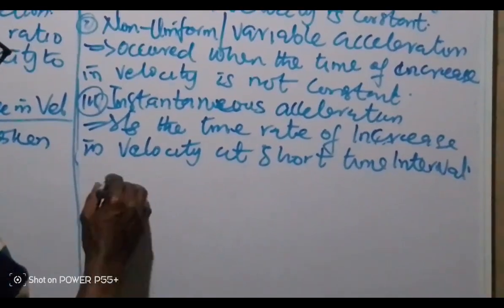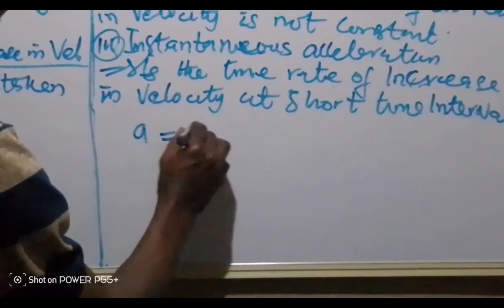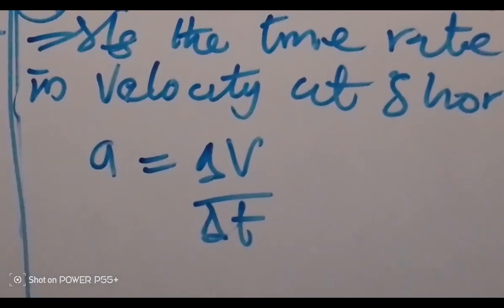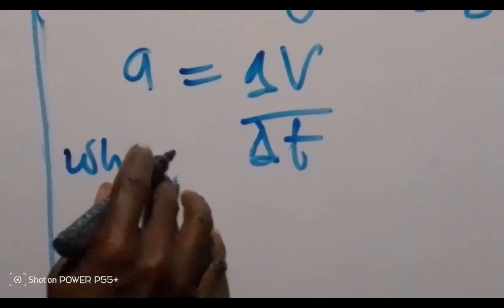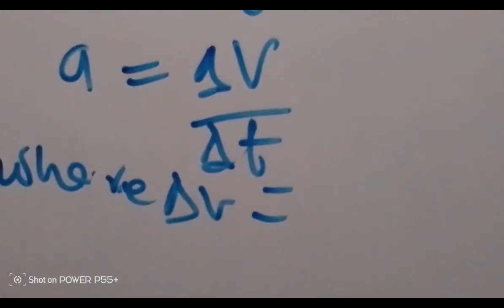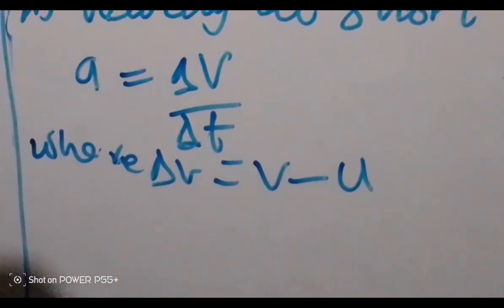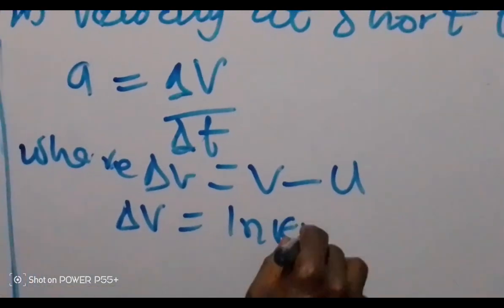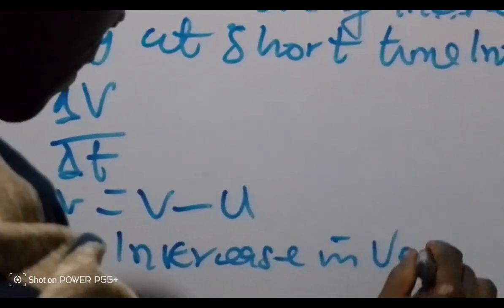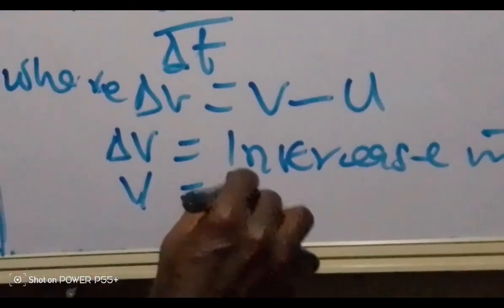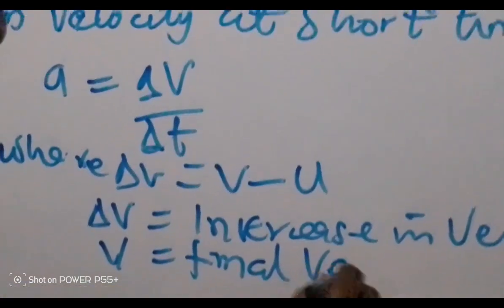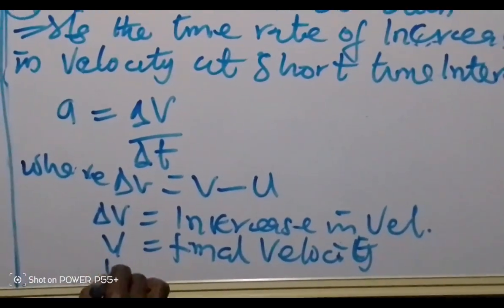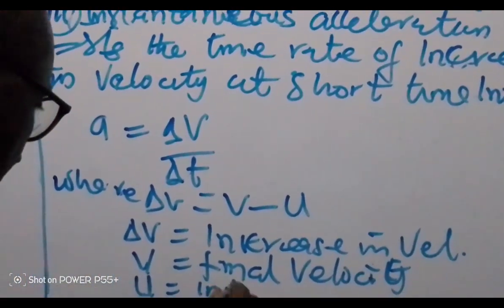The instantaneous acceleration a is equal to delta v over delta t, where delta v is equal to v minus u, and delta v is the increase in velocity. v is final velocity, while u is initial velocity.